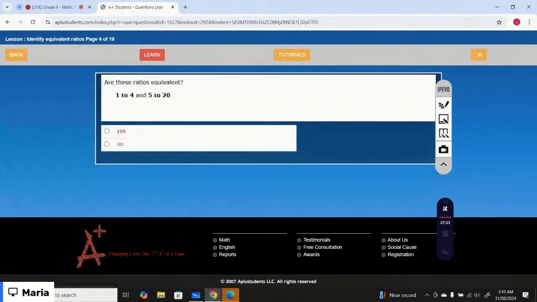Are these ratios equivalent? 1 to 4 and 5 to 20? So which is the correct option?